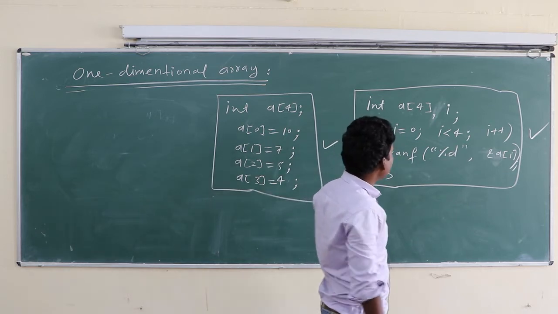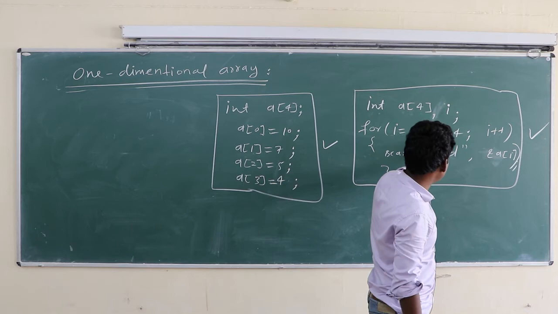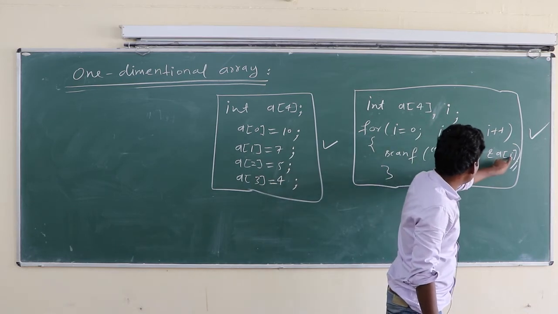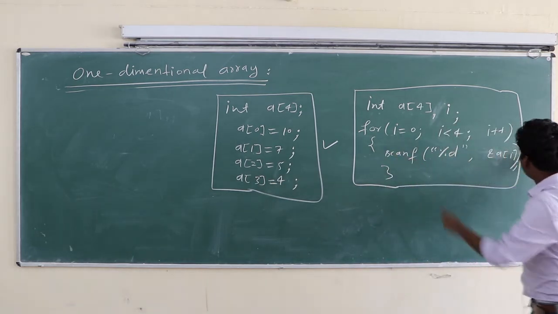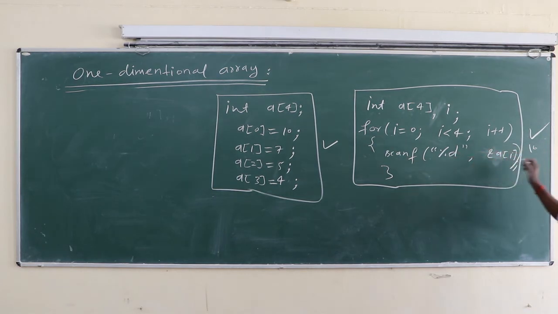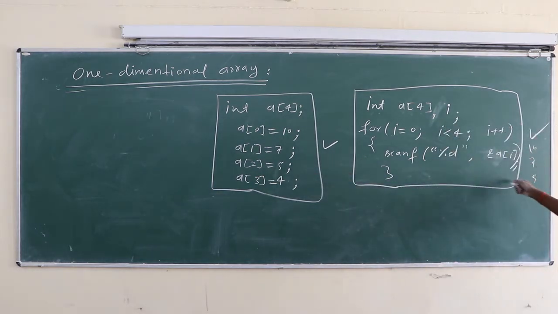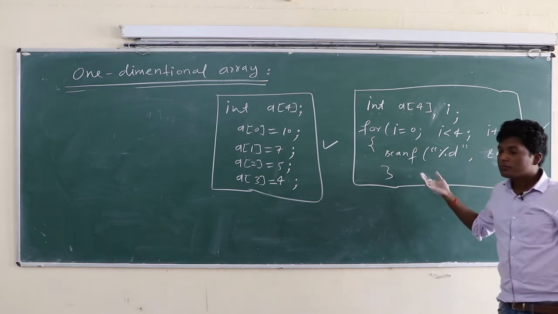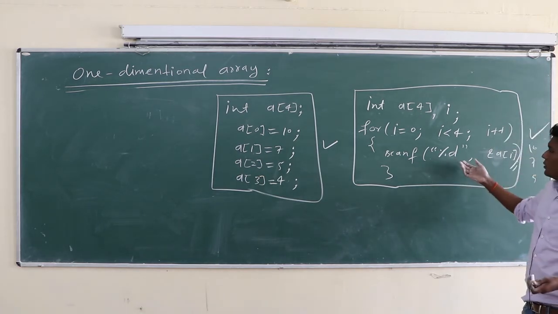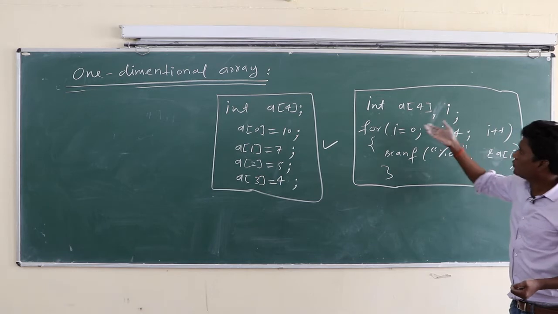The first time i value 0 is less than 4, yes, here a[0] and user input 10, and a[1] user input 7, and when i becomes 2, a[2] user input 5. In this way you can assign values to the array elements.